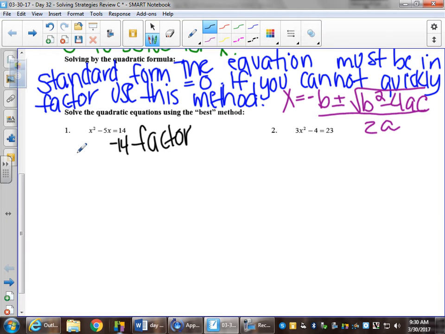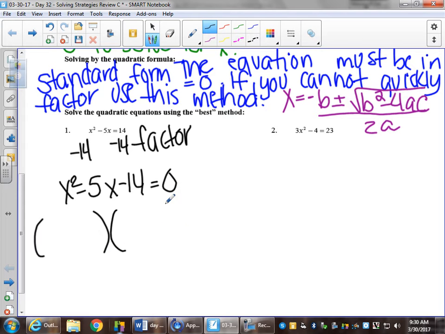Minus 14. X squared minus 5x minus 14 equals 0. What does A equal? 1. So what am I going to put in these first 2 spots?